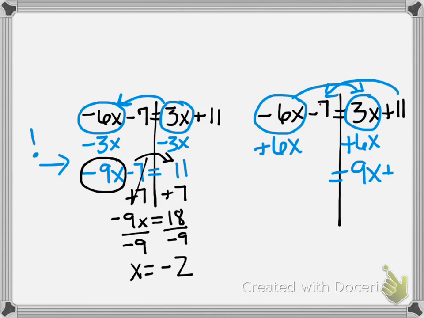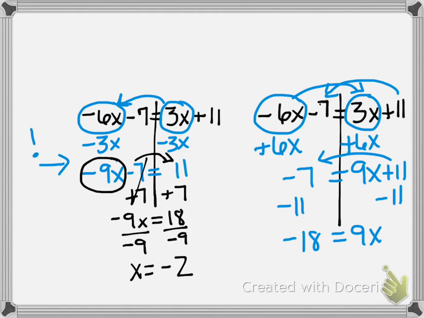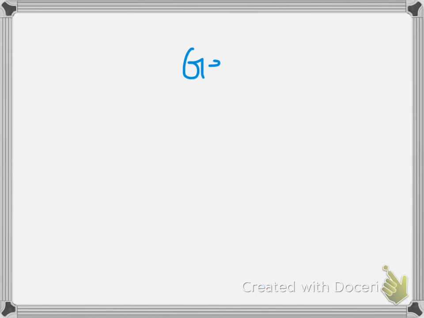And then move the, oh, notice my arrows there, opposite directions. So that 11's got to come back over here. Be careful again. -7 and -11 is -18. And then you're going to divide by the 9. Okay, so you see that you get the same answer by going different directions as long as they're opposite.